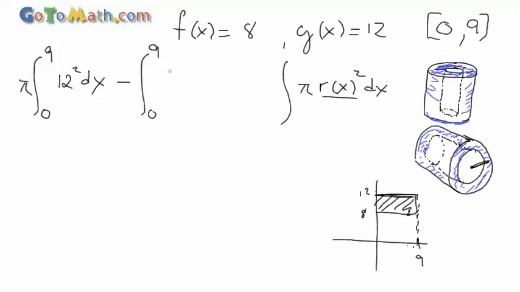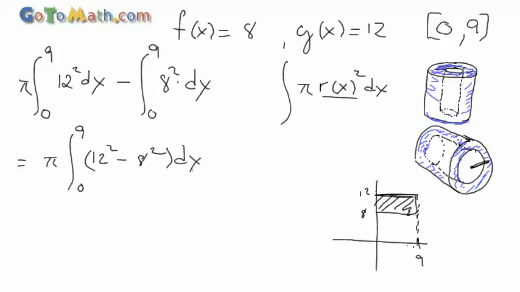This time it's 8 squared dx. You can actually just combine these together, and that's what I highly suggest. So we have 12 squared minus 8 squared dx. They call this the washer method, but understand, we're really just doing the disk method on both of these.